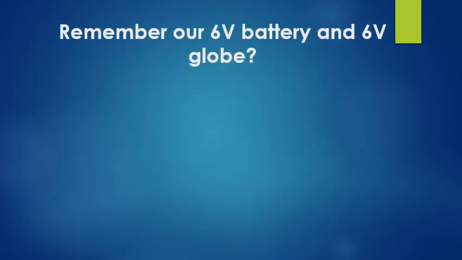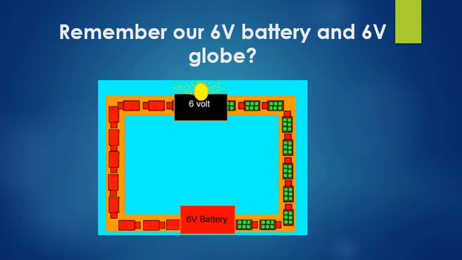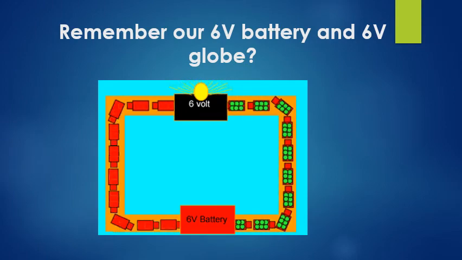Remember our 6-volt battery and 6-volt globe that we were looking at earlier. Here it is again, and now we can talk about this in terms of resistance. So we already know that we've got electrons flowing through the 6-volt battery and picking up the voltage, the electrical energy, and that battery is giving them the push, the energy to continue travelling around the circuit.